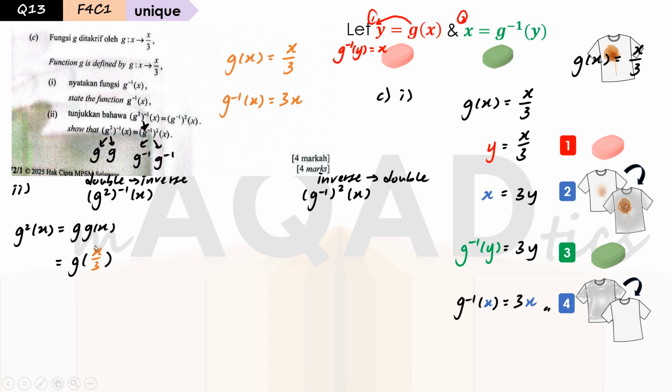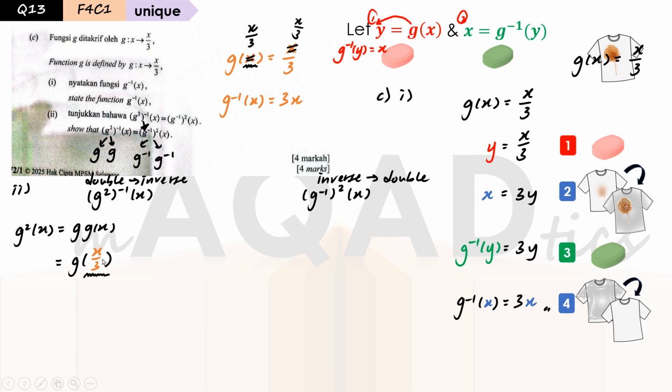Now how are we going to use this value and apply it into g? Similar to part B, you can imagine that this value is the new value of x. If we go back to the function g, we assume that x has changed to x over 3, which means all of the x here will change to x over 3.